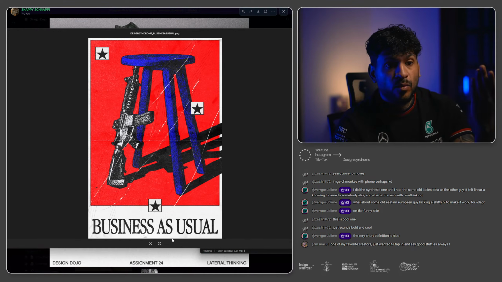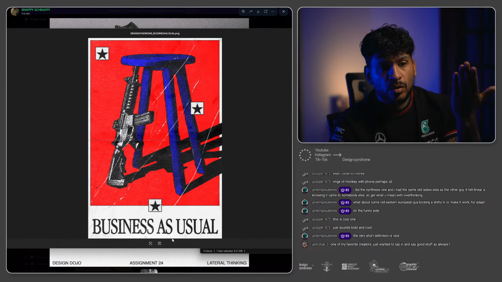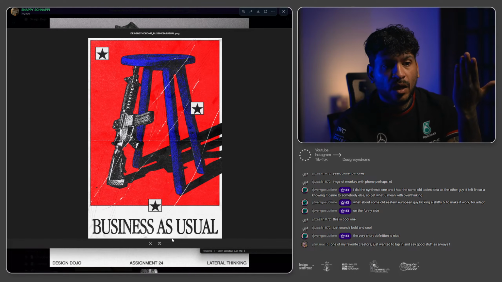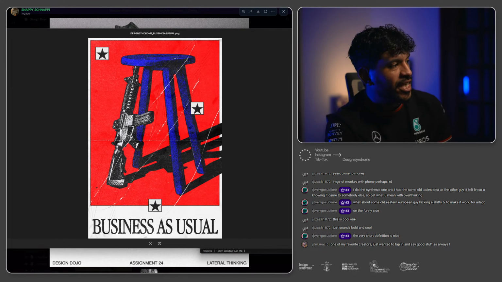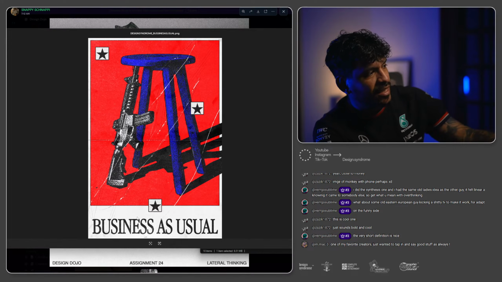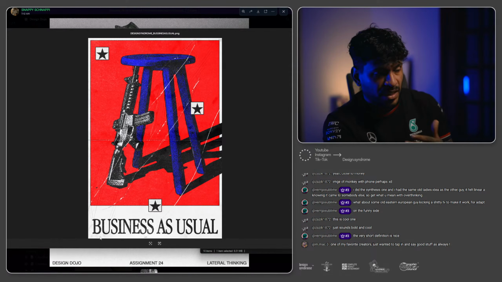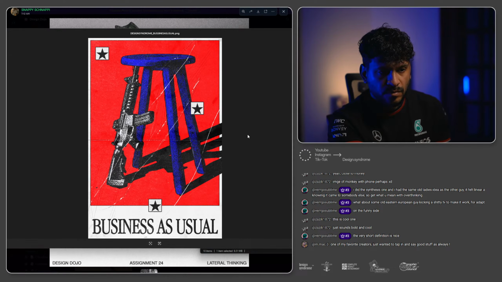That's a way of saying the gun is a way they use to maintain the status quo. It's one of the pillars of how they keep things working, but that's a symbolic way of speaking. Even if I take out the words at the bottom, the poster still works. It's similar to the exercise we are doing now.